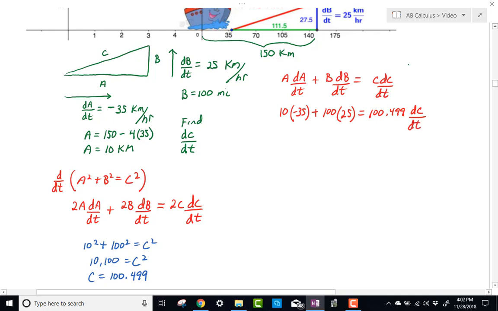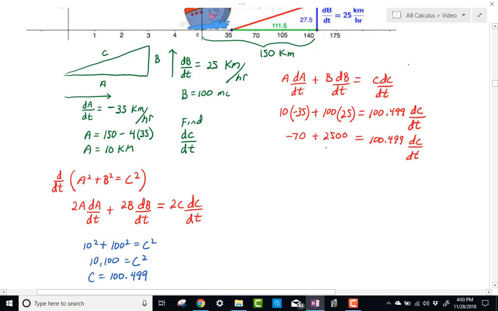So there's our setup. On the left side, we get negative 350 plus 2,500 equals 100.499 dC/dt.